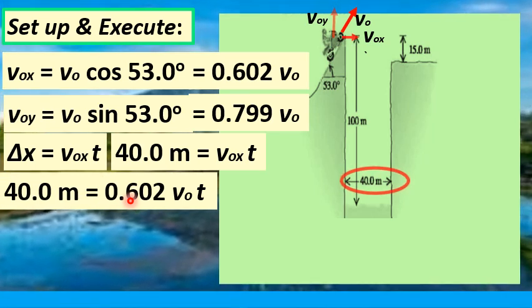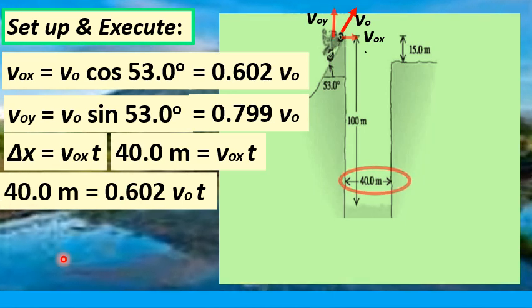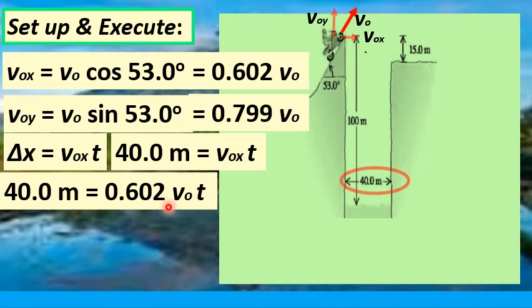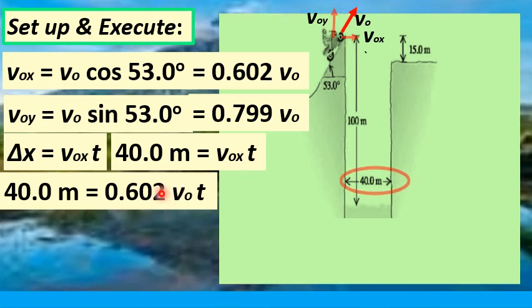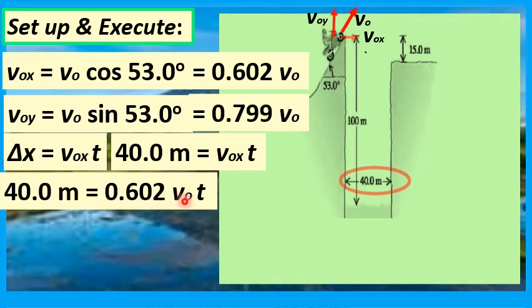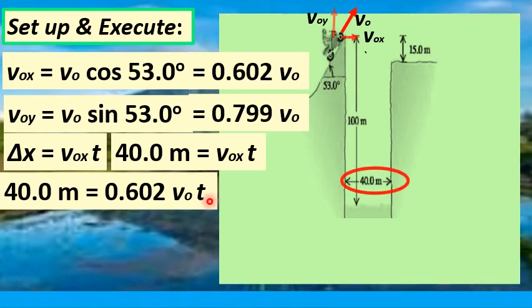So the delta x of 40.0 meters is equated now to our expression for v0x, which is 0.602 times v0, multiplied by the time small letter t.